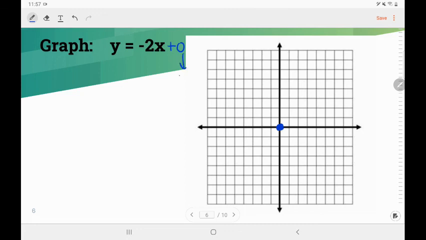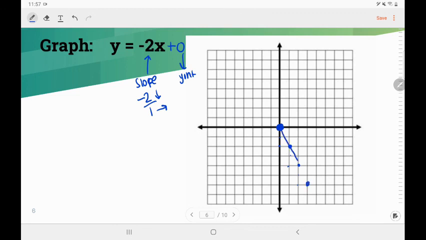So there's my y-intercept. And my slope is -2. Now remember, slope must be written as a fraction, so -2 over 1. The -2 tells me to move down 2, and the +1 tells me to move to the right. So from my starting point, down 2 to the right 1, down 2 to the right 1, down 2 to the right 1.